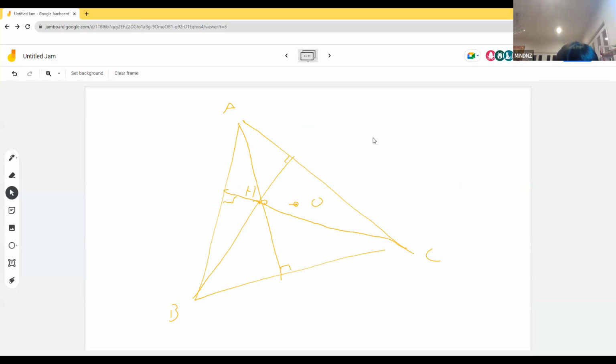And the question was, we want to prove, WTP, that angle BAH is equal to angle CAO.